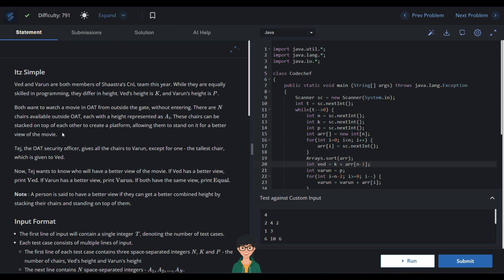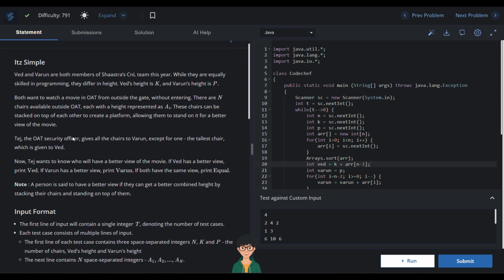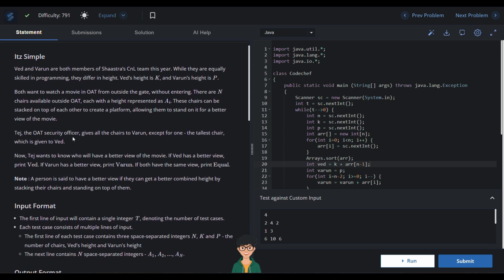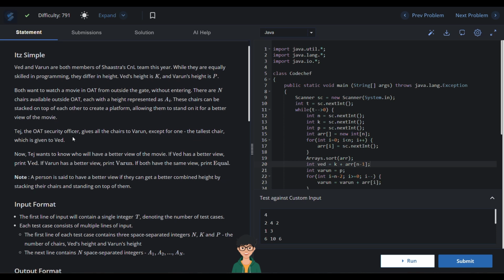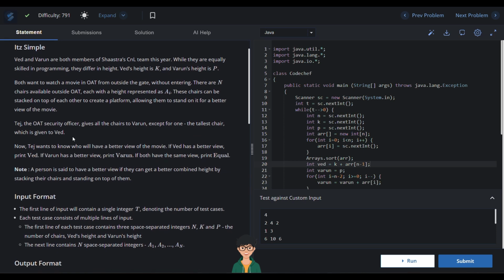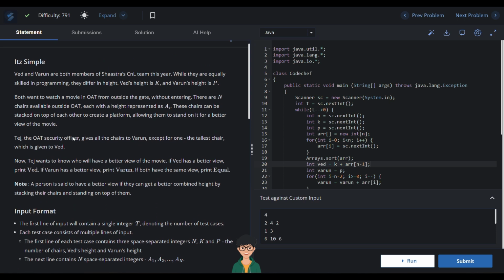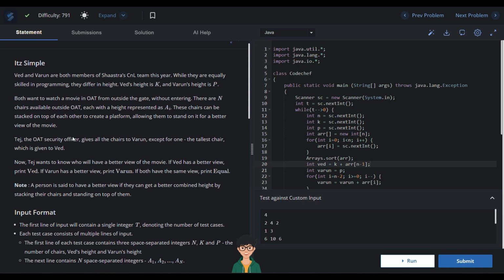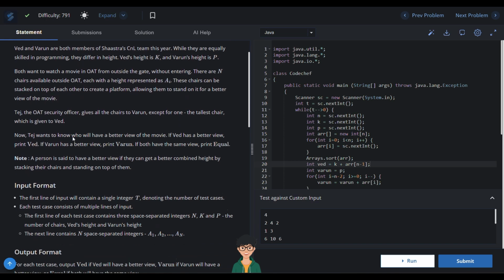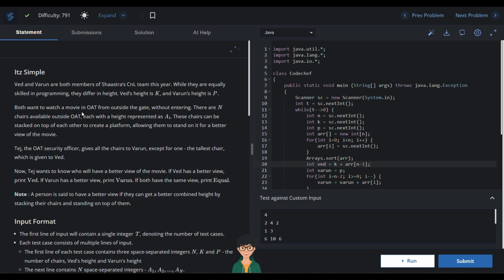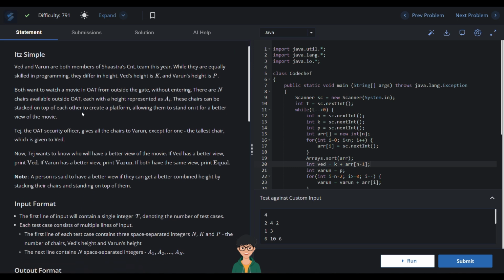So in the question, you are given two people, Ved and Varun, and you are also given n chairs, and those chairs can be stacked on each other, like they can keep above each other. Now you are also given the height of Ved and the height of Varun, and if you read the whole question you will get to know that you have to find whose height is more, Ved or Varun.